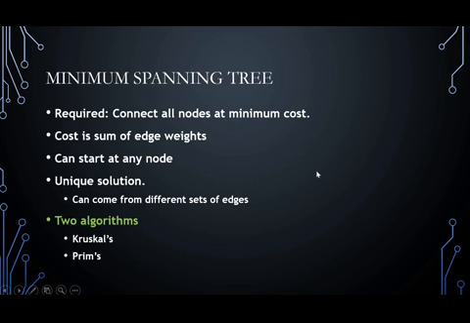So as I said, to solve the minimum cost spanning tree problem, we have 2 algorithms: Kruskal's algorithm and Prim's algorithm.